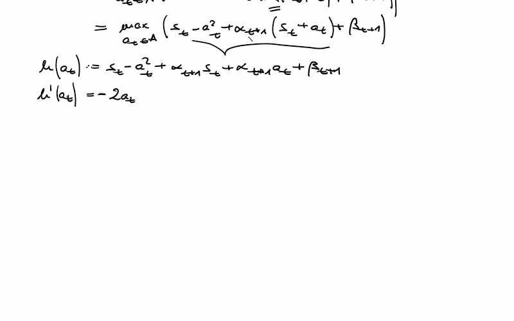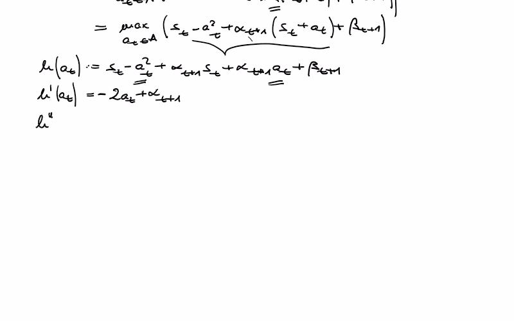Alpha t plus 1, yeah, exactly. Yet another alpha t plus 1? No, because s is only here, a is only here and here. So all the other things go away, and alpha t plus 1 is there.